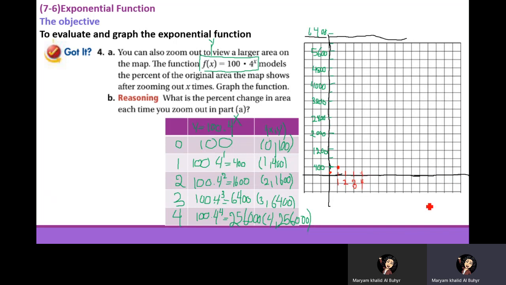So this X represents the number of times you zoom in.